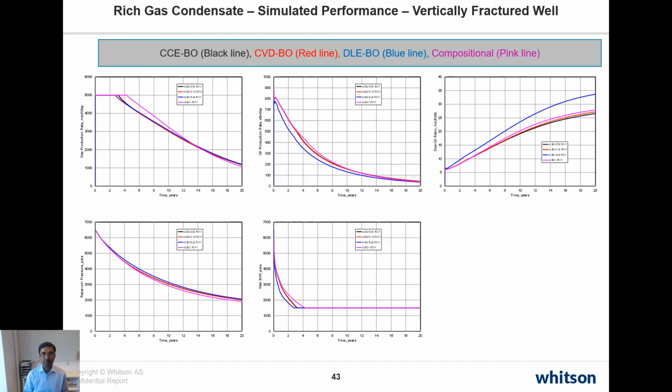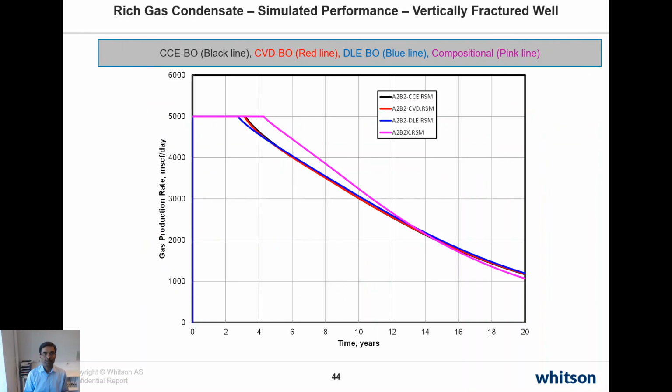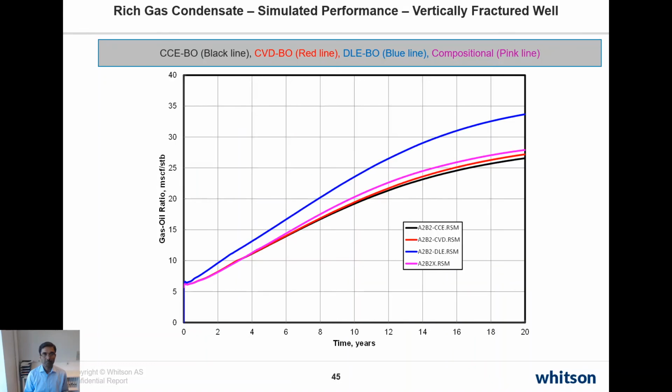And you see this blue line, the black oil simulation with the DLE black oil PVT table, is different than the others. In the individual plots, we see that CCE and CVD are quite similar, though slightly different than DLE due to the oil viscosity difference in black oil and compositional simulation. Producing gas oil ratio is similar in CCE and CVD, close to compositional, but DLE is quite different.